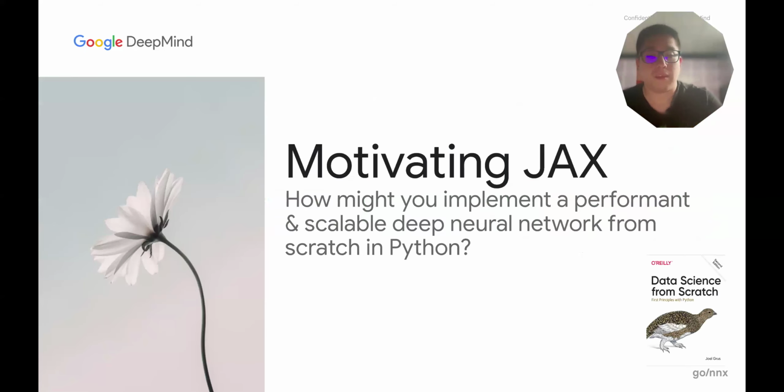So let us step a little bit back and consider, now that you have done a few classes on AI, how you might actually implement a performant and scalable deep neural network. One of my favorite books is from a friend of mine who was a comedian before becoming a data scientist, Joel Grus. He has a book called Data Science from Scratch.